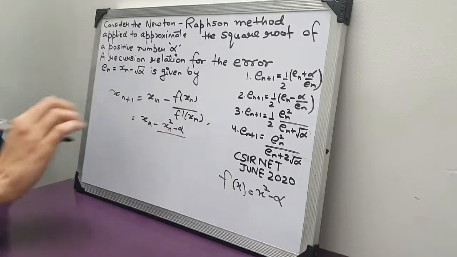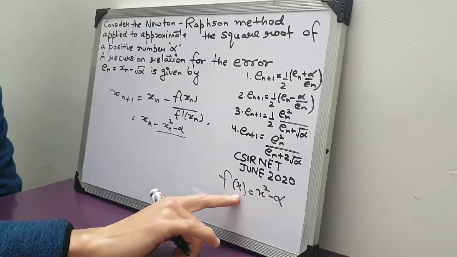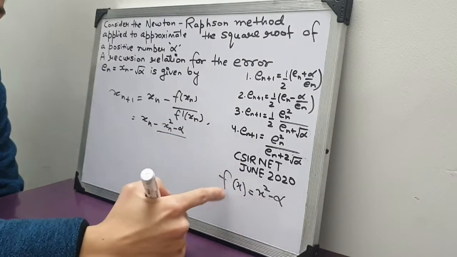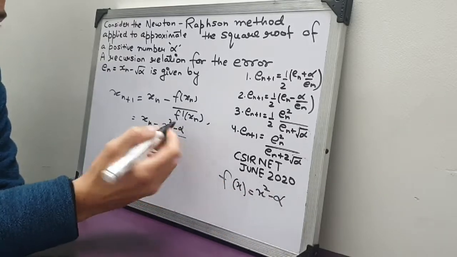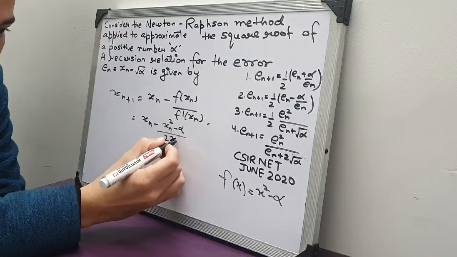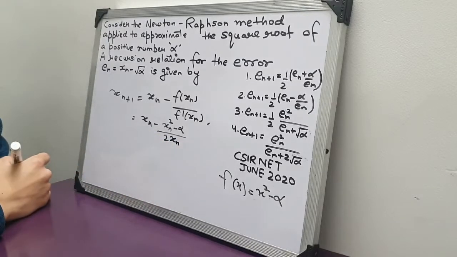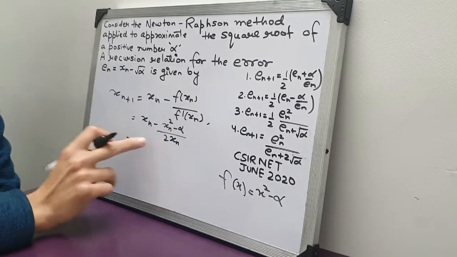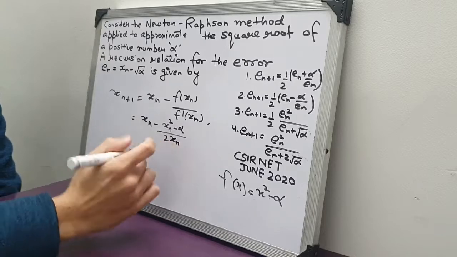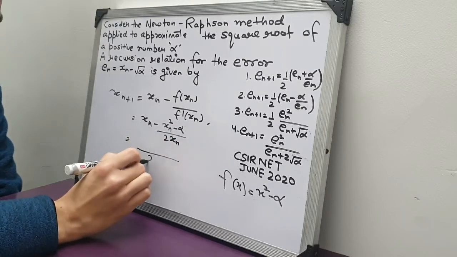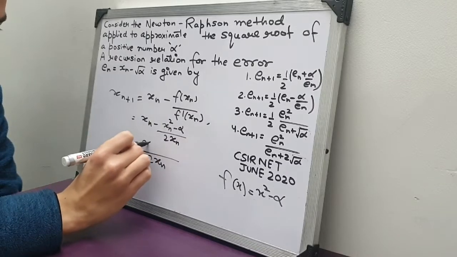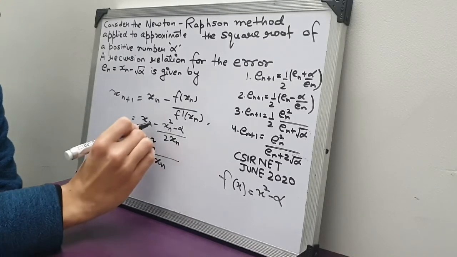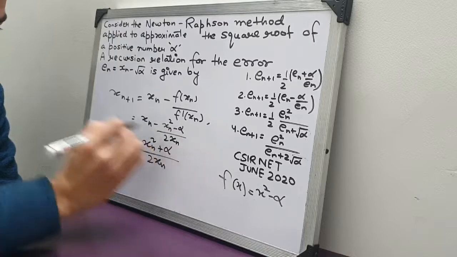And now if you take the derivative of this function with respect to x, you get f dash x equals 2x, and at xn it will be twice xn. Now if we simplify it further, taking this in the denominator, it will be twice xn square minus xn square, so simply xn square, and minus and minus will become plus.